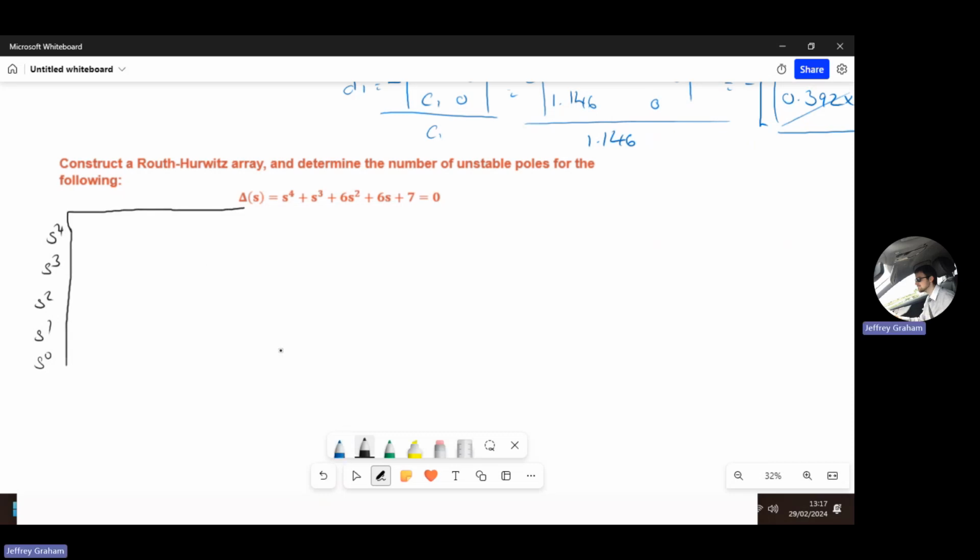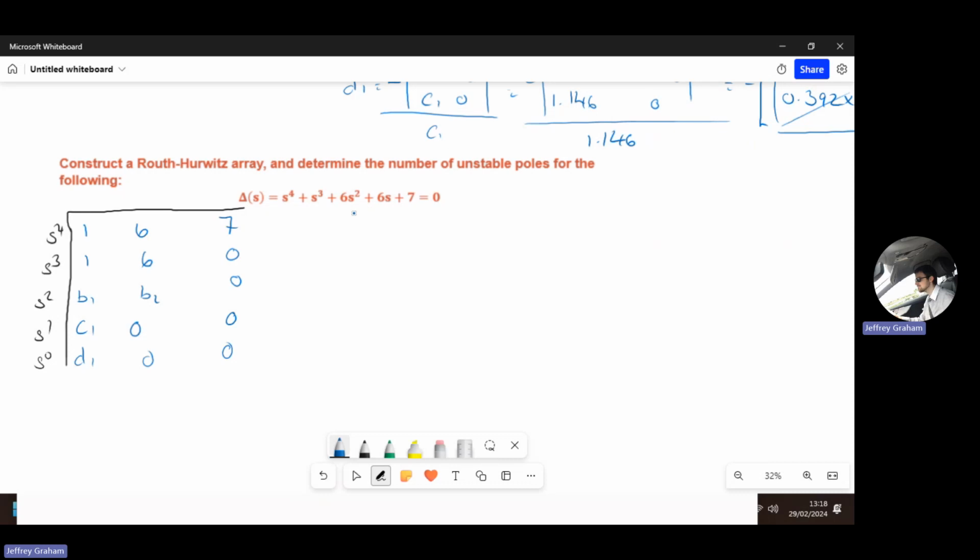Stick the values in: 1, 6, 7, and the s cubed row, 1, 6, and naught. B1, B2, C1, D1, all with the entries 0.